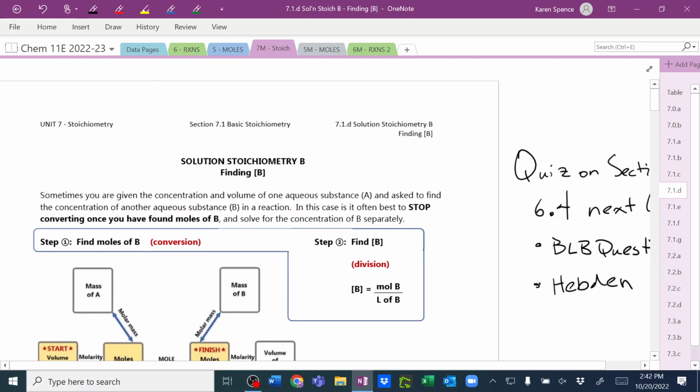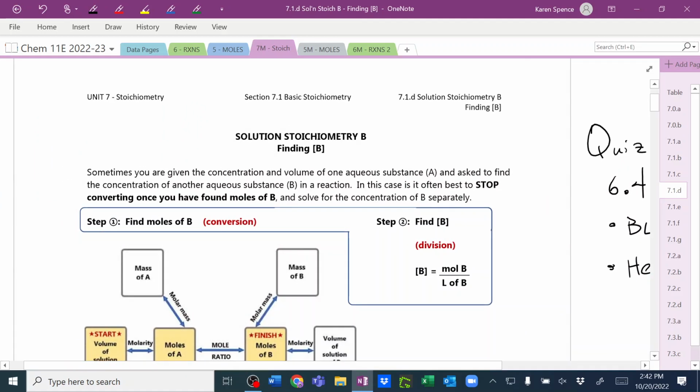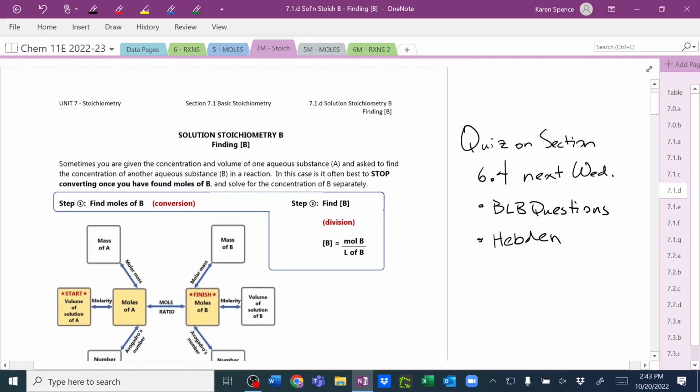Are we ready for 7.1D, or do we need another minute? Another minute? Or another 5 minutes? Okay. Or should I cut my losses and say you're doing enthalpy and these two over the weekend and just be done?